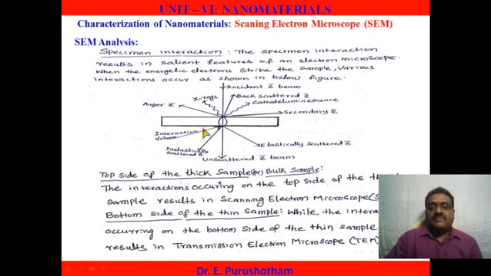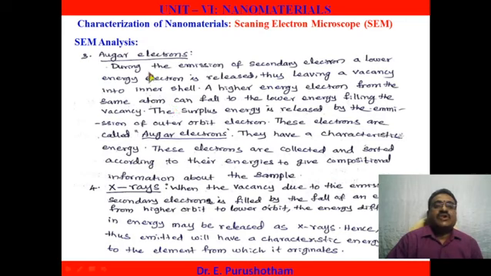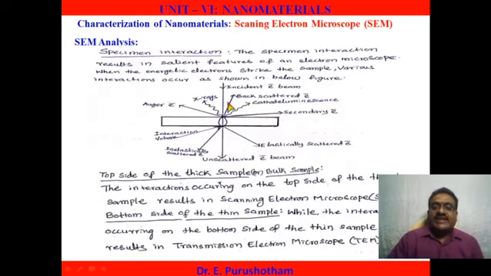So third one, these are the Auger electrons. The incident electron beam is incident on the sample atoms, and electrons are emitted as secondary electrons. At the emitted place, an electron vacancy is there.